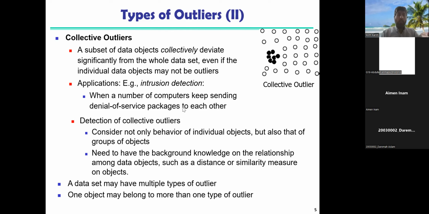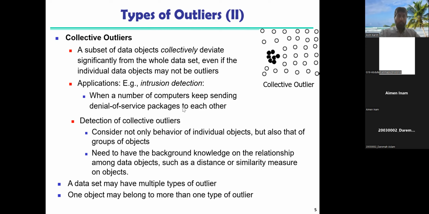You have to look at multiple transmissions. Once you have looked at those multiple transmissions, then you will know that this is a behavior that is not normal among the normal transmissions on the network. These are called collective outliers.